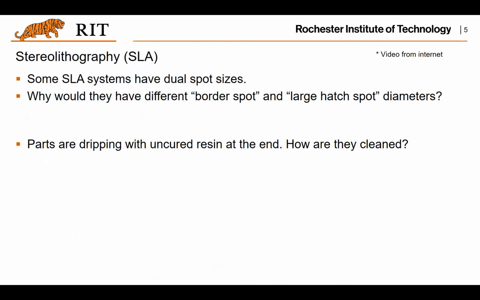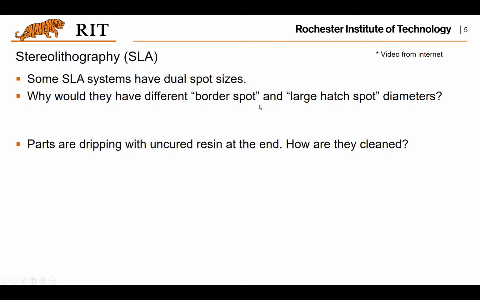And there's some new development which has not just one laser spot, but dual laser spots. One is much bigger and the other one is smaller. So why do we have such different laser spot sizes?